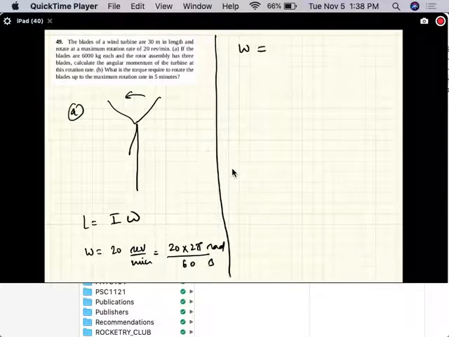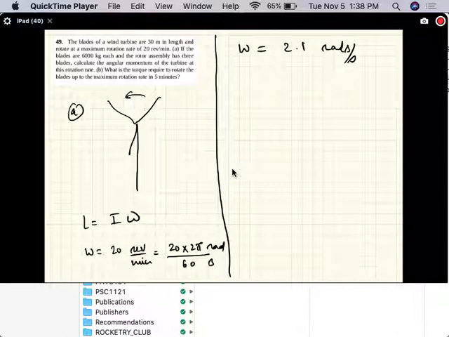So omega is 2.1 radians per second. 2.1 radians is about 120 degrees. And since it has 3 blades, in 1 second this blade gets there. So that's the rate at which it's rotating.